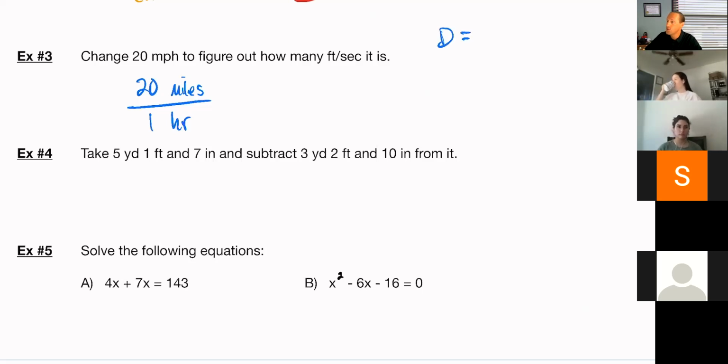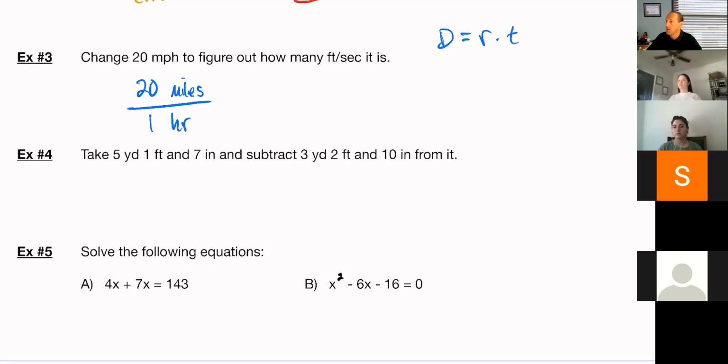To find how far you traveled, what would you need to know? Rate and time? Very good. How fast you're going and how long you were going that speed. But if I wanted to find the rate, the speed that I was going, I'd have to solve this for r.